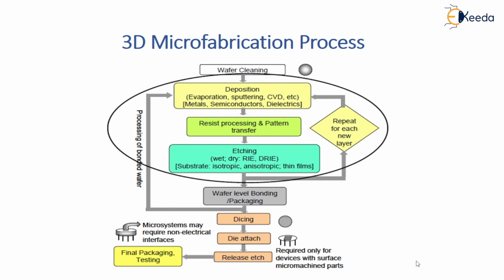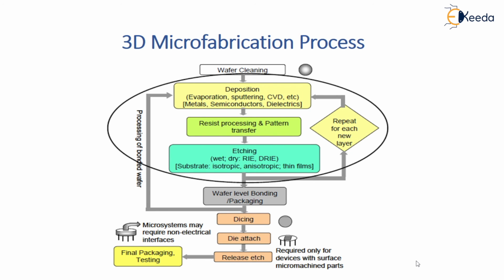In isotropic, whatever the photo masking is done, or wherever the light beam is incident, that particular part will solidify. But in the other case, while solidifying it creates a cantilever part. In the case of anisotropic, it will not create that cantilever part, it will directly dissolve into the solution.